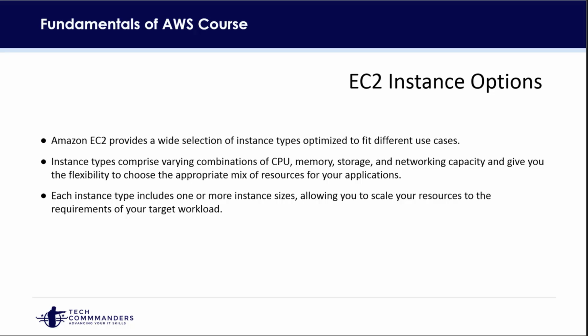EC2, one thing to point out, is basically built on top of the Nitro system. Now, this is a next generation of EC2 instances. Basically, in the previous versions, they used hypervisors that would protect all the hardware, the networking, the capabilities.